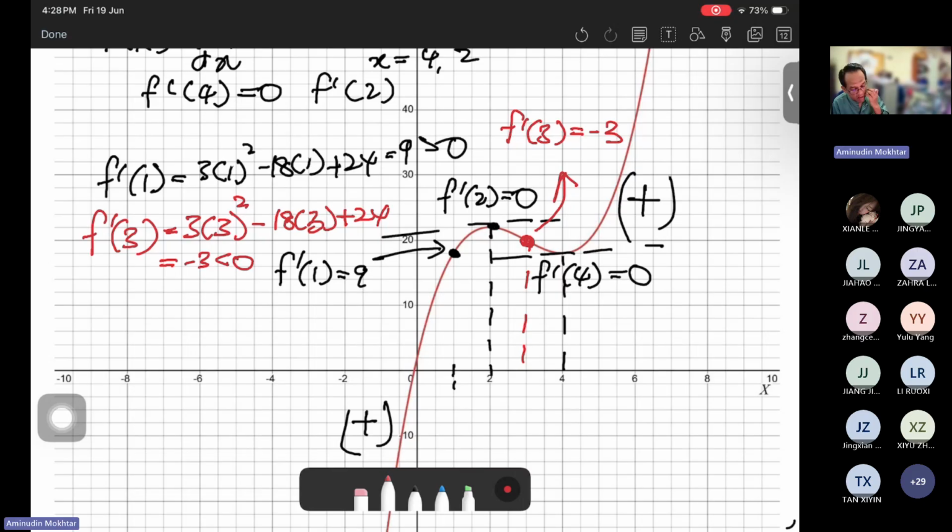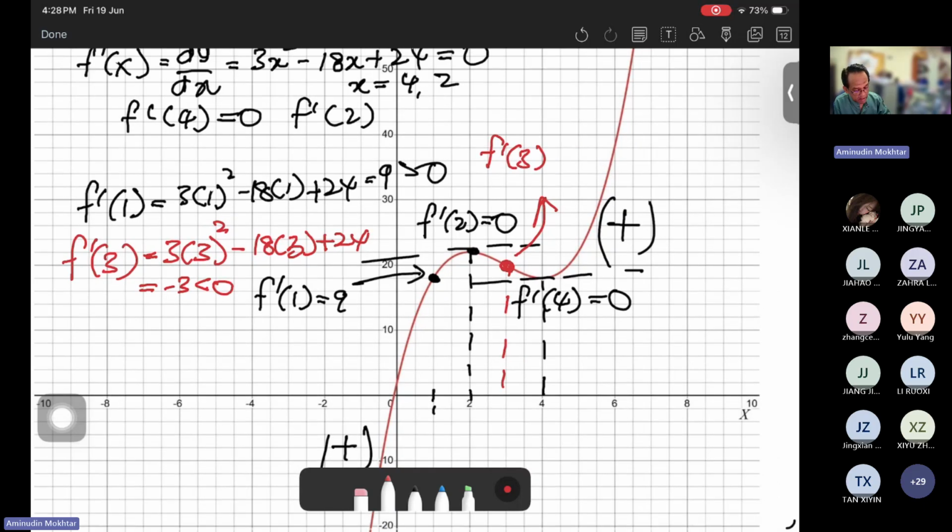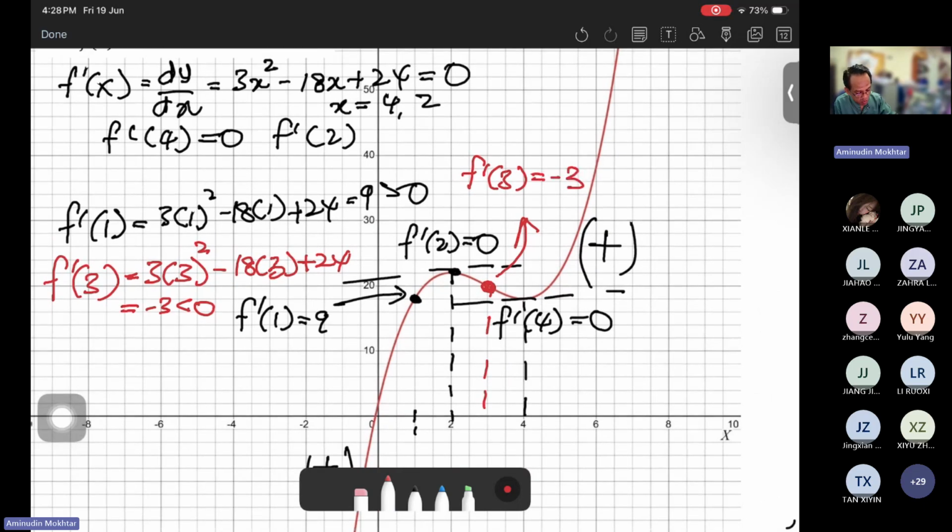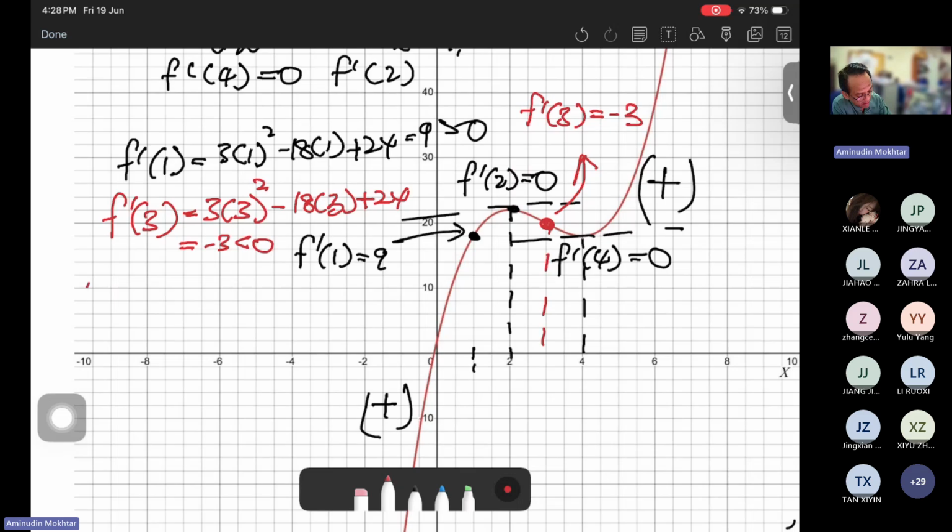Okay, that's quite interesting. We can see the slope of the function changes from positive to negative before and after the critical point x equals 2. And then for the next one, I would like to choose any value of x greater than 4. What happens to the slope of the function after x equals 4? Let's say I choose 7.